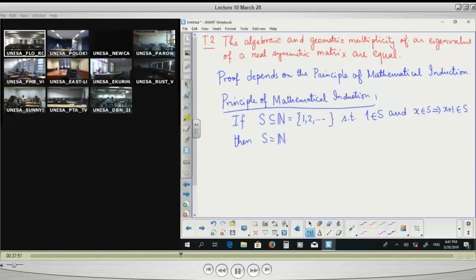taking the matrix to be A, B, C, D. Okay? Good. But then I have only shown that for every real symmetric matrix of order 2, the algebraic and geometric multiplicities are the same. Okay?